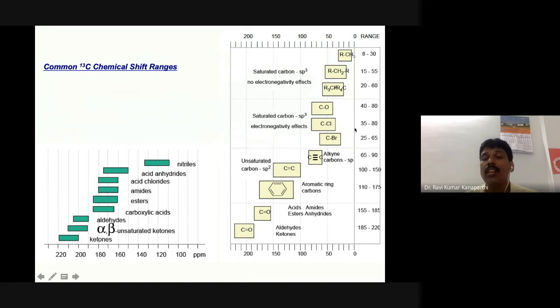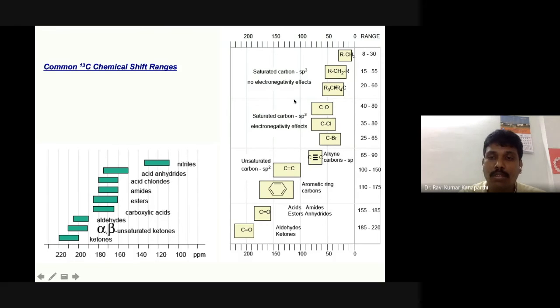Then the C-O and C-Cl, carbons attached to electronegative atoms. Their range will start from 25 and can go up to 80. That all depends upon what kind of functional group it is attached to.